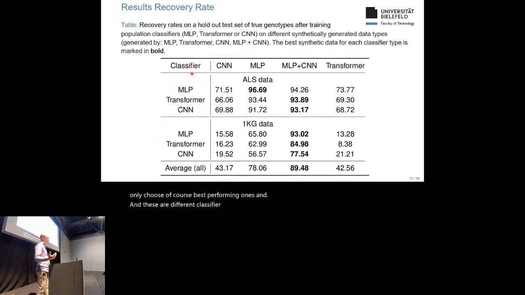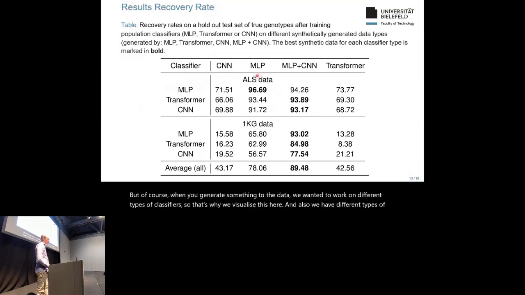As I said, we only compare the same classifier to itself. So this is the recovery rate always compared to itself. But of course, when we generate some synthetic data, we wanted it to work on different types of classifiers. So that's why we visualize this here. And also we have different types of data. We have this ALS data and this 1,000 genome data set. I think this is actually also quite popular.